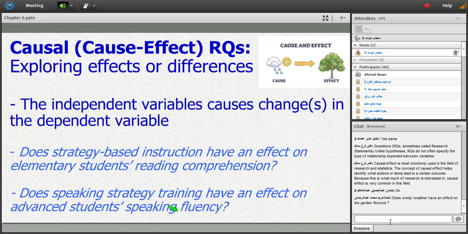So I want to explore the effect of speaking strategy training on the advanced students' speaking fluency.